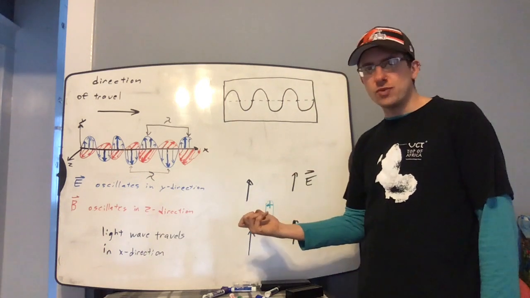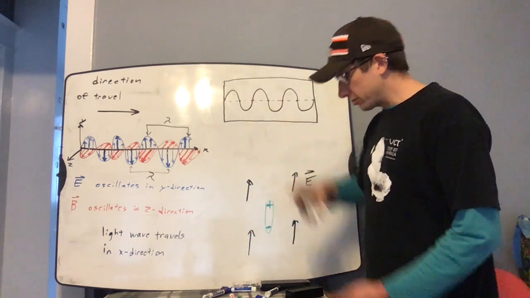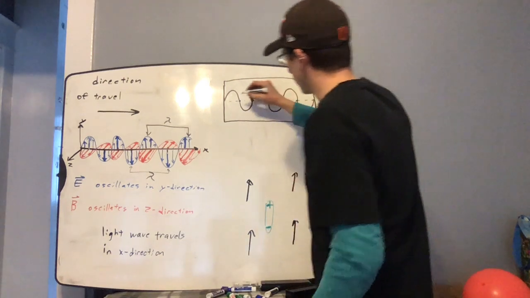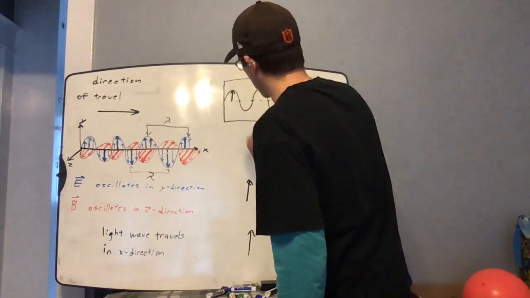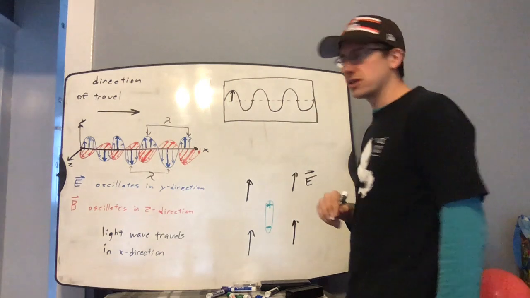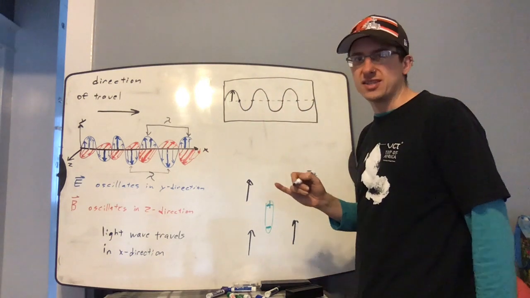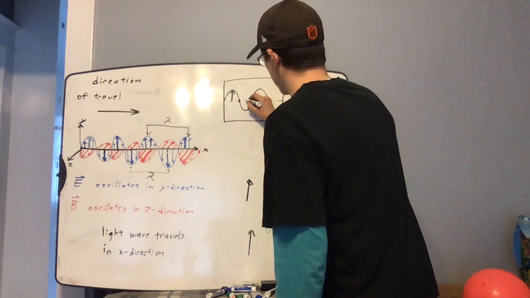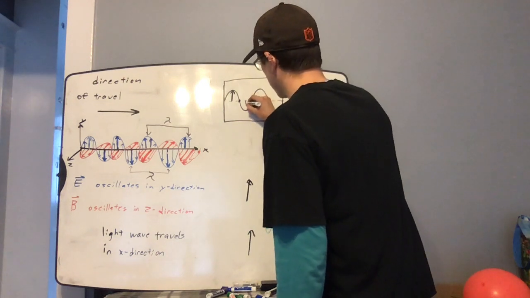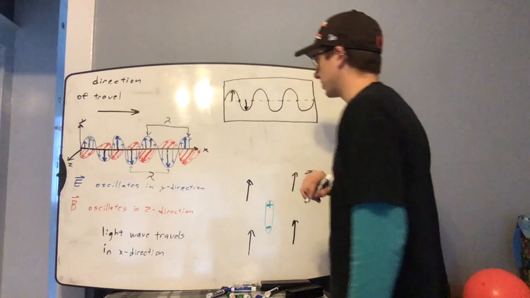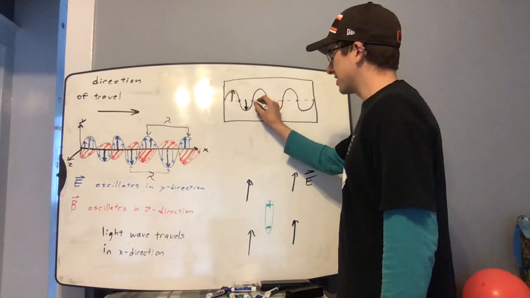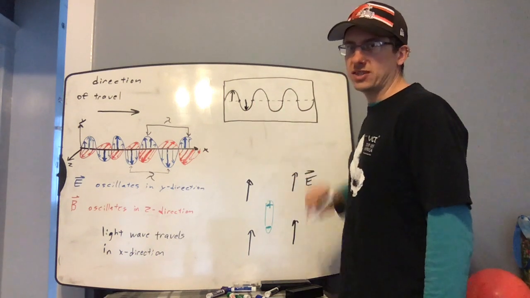Now, at some moment in time, the electric field inside this microwave is really strong here, and it's pointing upward. But at this location right here, the value of the electric field is 0. And at this location right here, the electric field is really strong and pointing downward. And at this location here, the value of the electric field is 0.